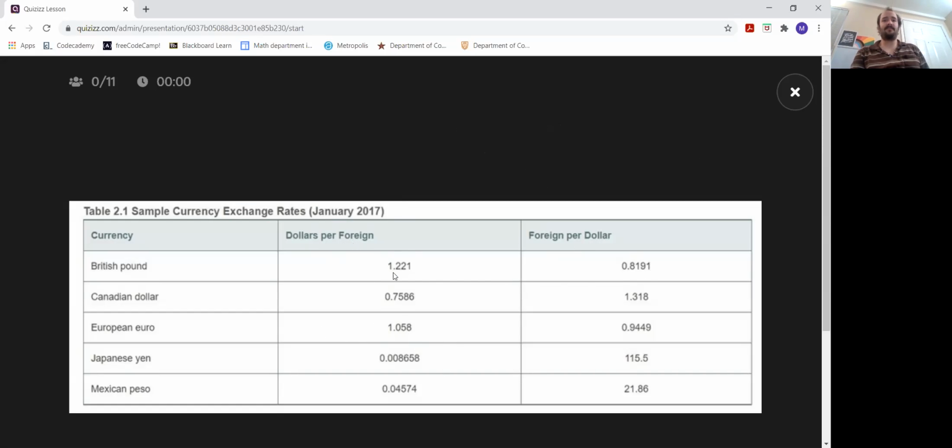This says dollars per foreign, which means there would be 1.058 American dollars, and we would divide by euros. This would be the other way around. So this would be 0.9449 and we'd get euros, and this would be divided by dollars. So these are kind of flipped, and I talk about it in the notes. But they're reciprocals of each other, right?